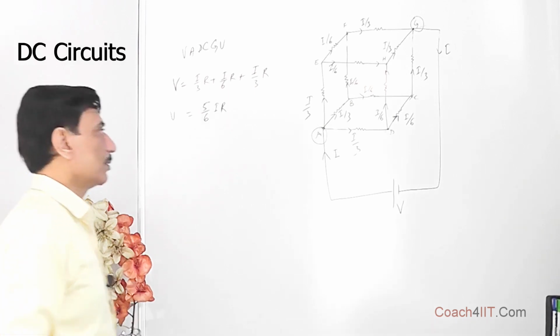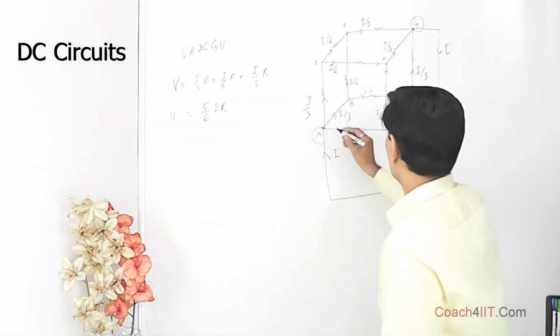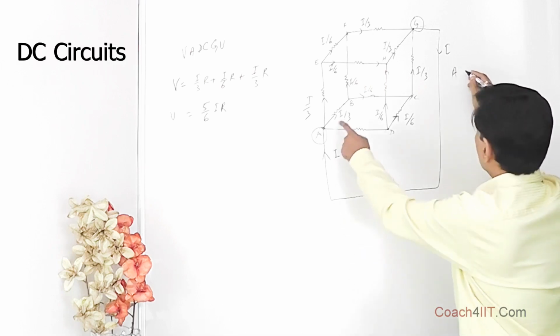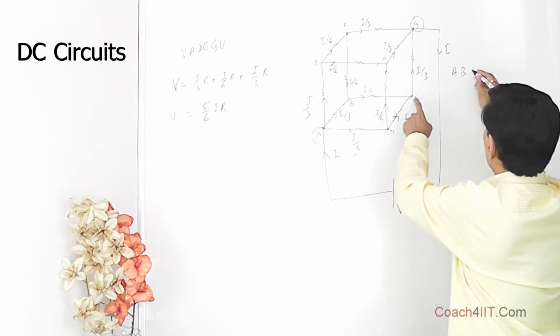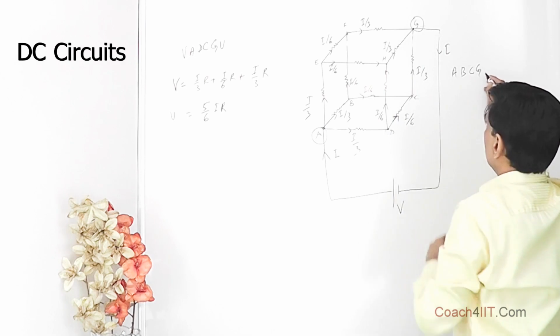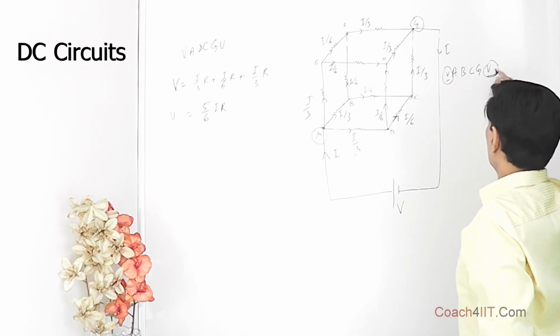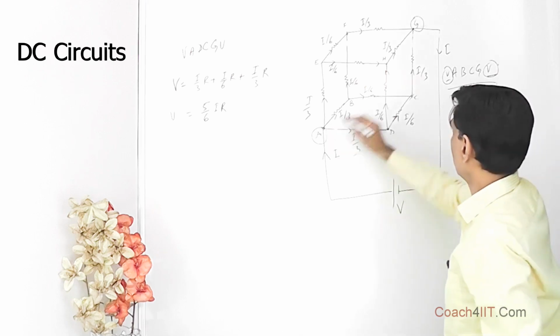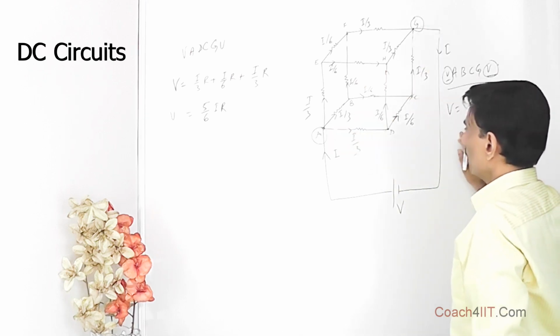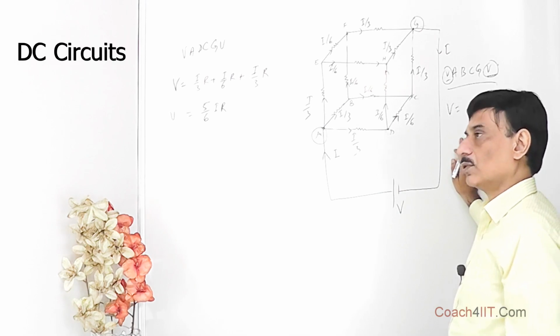We can take any path. Even if we take, let's say, A, B, C, G, V. Once again we see that the potential drop across this and this is going to be V only. Across some it is going to drop, across some it is going to be gain.